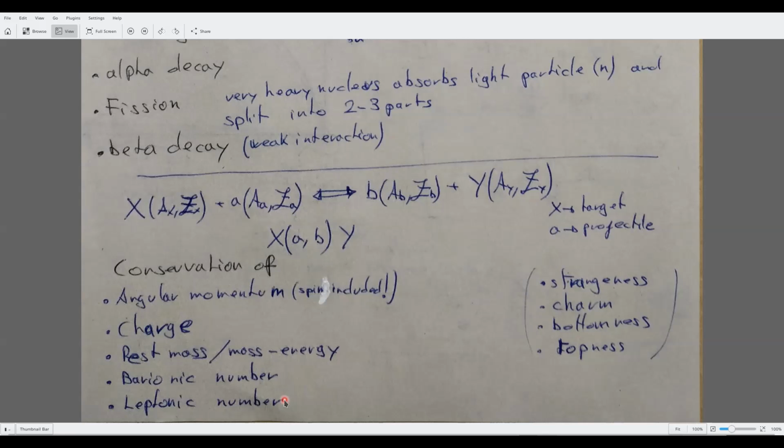This is the famous PP1, the first channel for the proton-proton nuclear reaction. There are another two that are a little more complicated, but are actually also not minor.